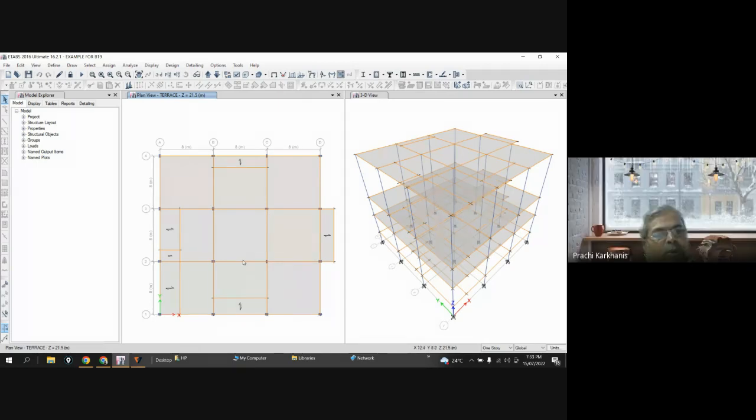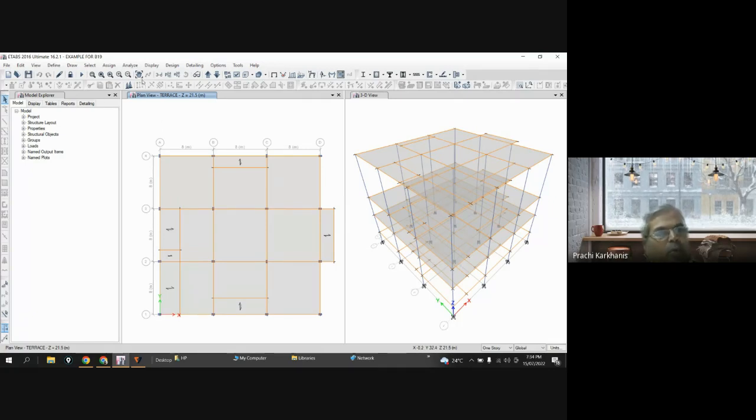Now, your question about the machinery. If you are going to install any machinery on the slab, the total load of the machinery will be divided among the supporting columns, and you will apply it as concentrated loads on the columns.